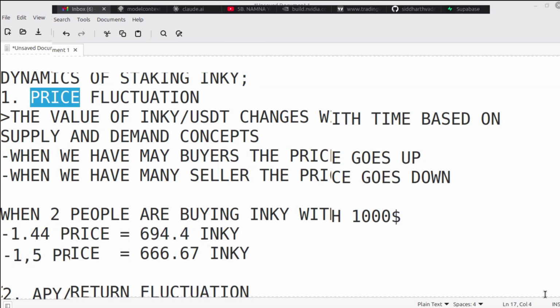But there is no way that you can say, on March, this coin is going to get to this price. Not only for ink, for any asset in the world, there is no way for you to know at exactly what price this asset is going to be in the next few years, in the next few days.